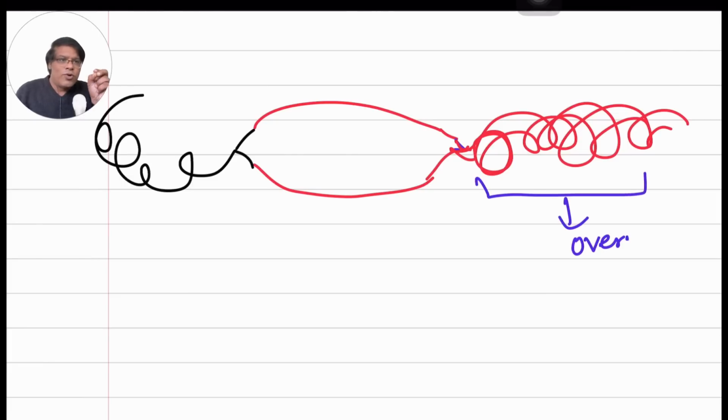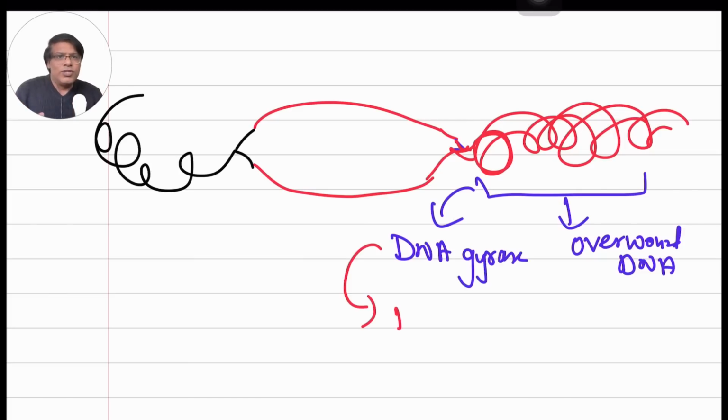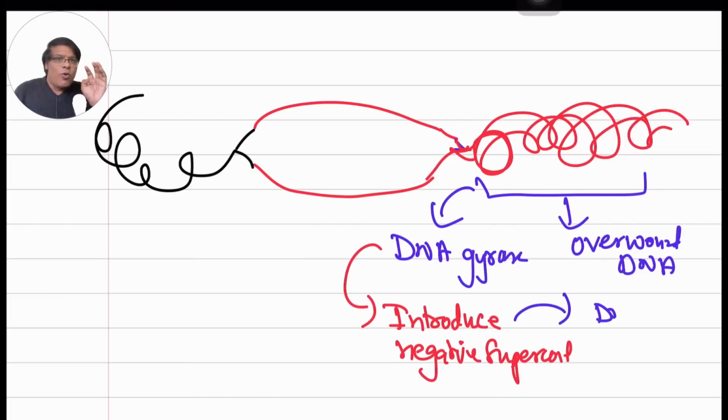The DNA is present in an overwound state. When you separate the two strands, at one end you see overwound DNA, and at the other end you see underwound DNA. This overwound DNA will create tension, so it will not allow the helicase enzyme to separate both strands further.